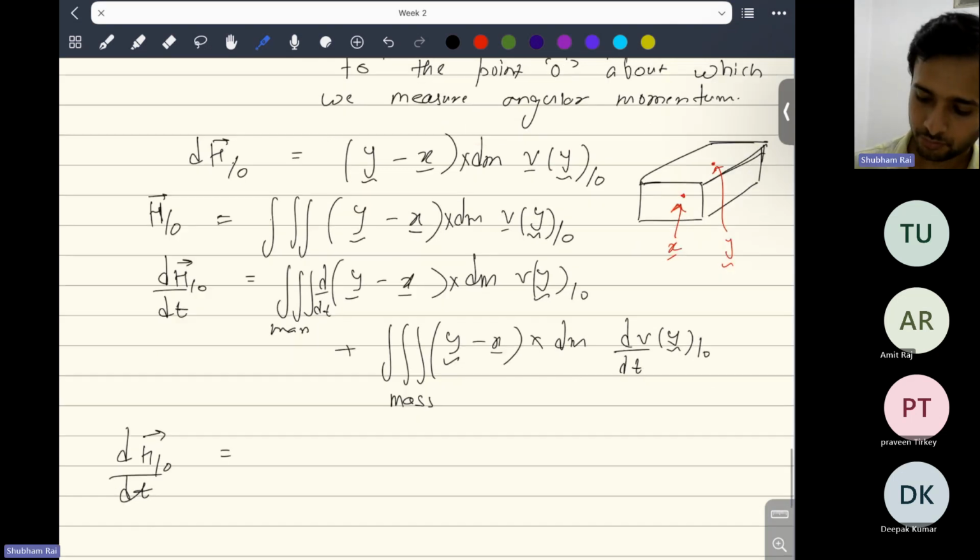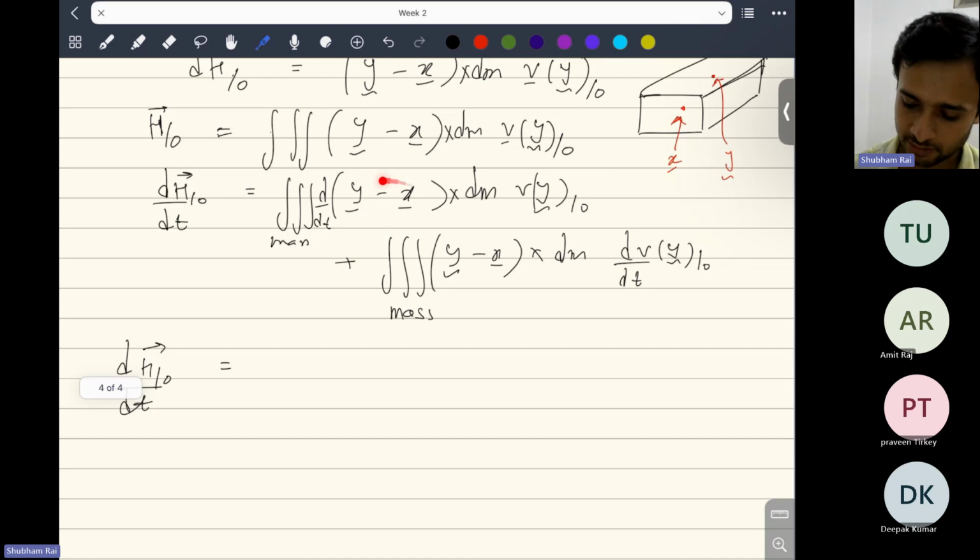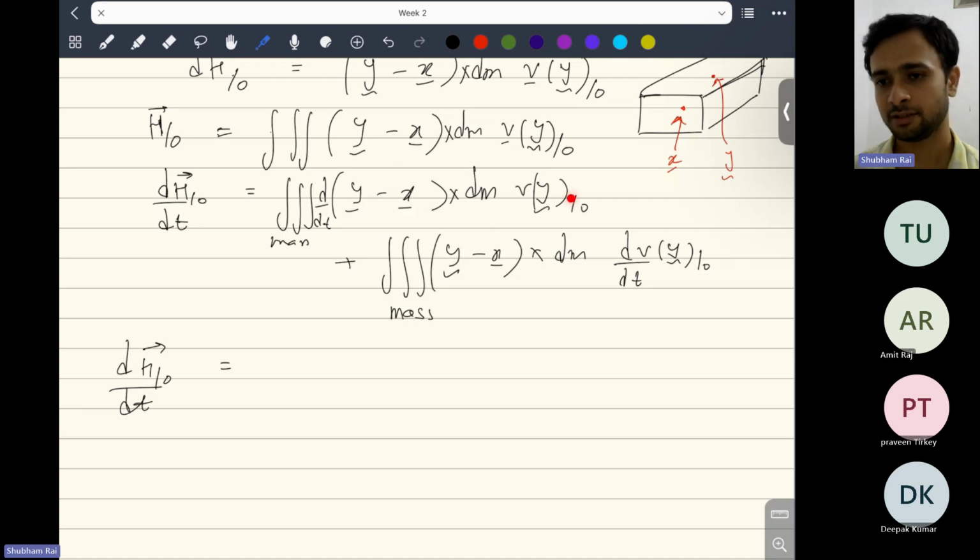So you see, this is the velocity of point y with respect to O cross product with the velocity of point y with respect to O. Two same vectors are in a cross product, so that will be 0, because the formula of the cross product is A cross B equals AB sine theta n cap. Since the angle is 0, sine 0 is 0.